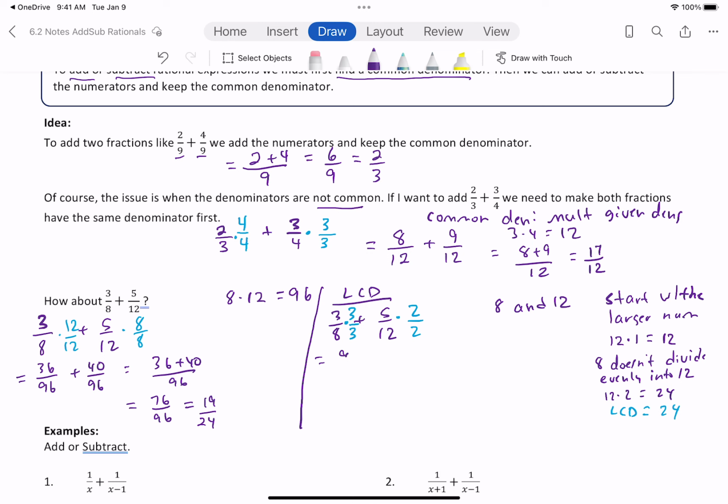So that gives me 9 over 24 plus 10 over 24. And of course, once the denominators are the same, we can add the numerators and keep the denominator.